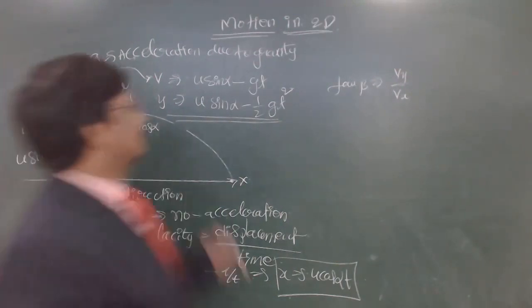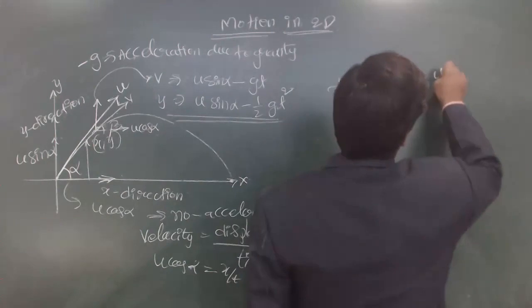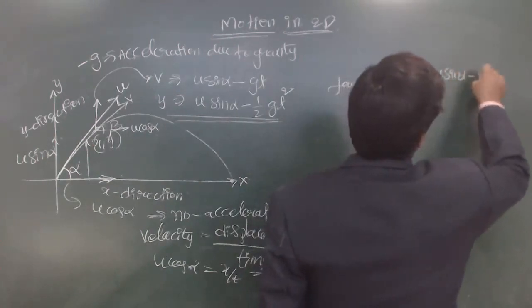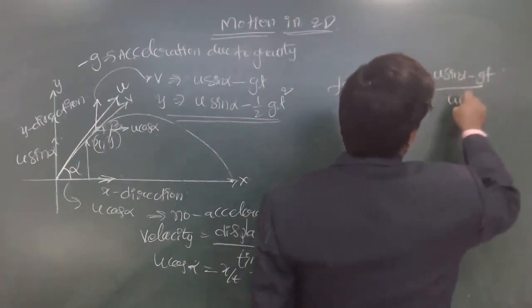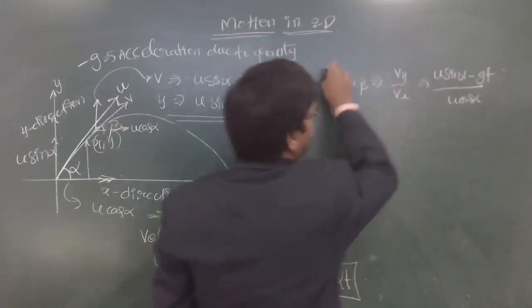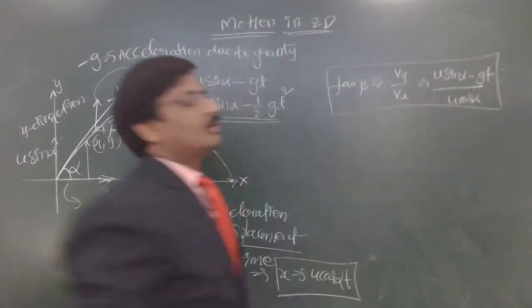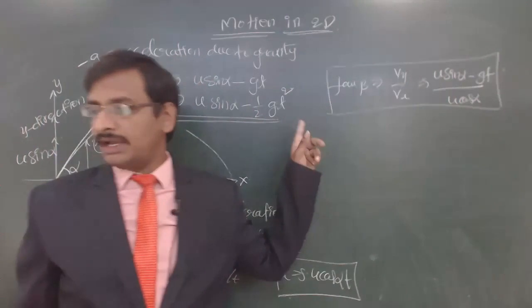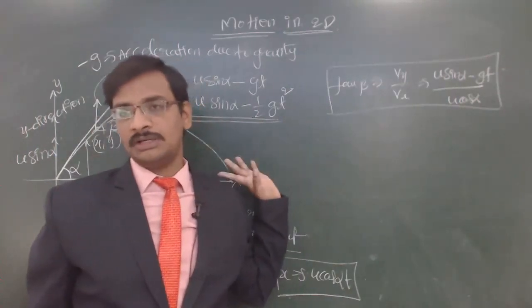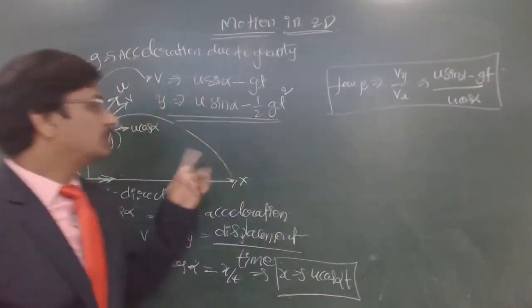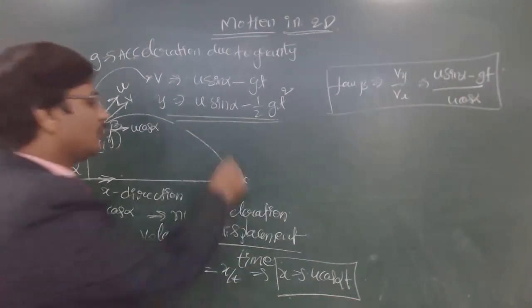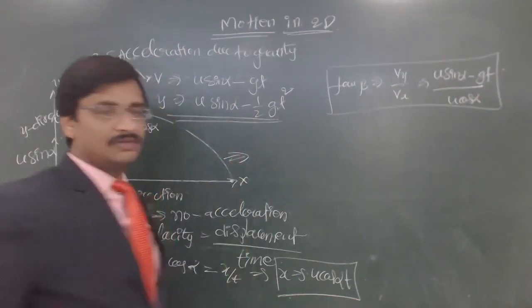So Vy is u sin alpha minus gt, divided by u cos alpha. With this relation you will be able to get the angle of direction at any instant for the particle.